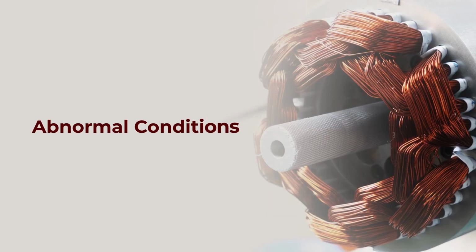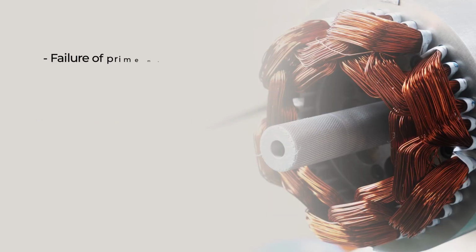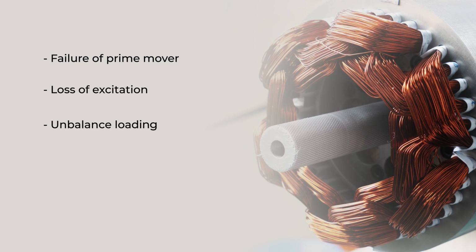After the stator fault protection and rotor fault protection, there are some abnormal running conditions that also arise in a rotating machine. The abnormal running conditions that can occur are loss of excitation, unbalanced loading, over voltage, failure of prime mover, and overspeed.